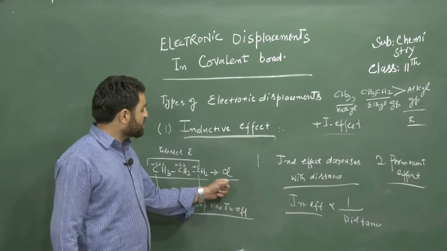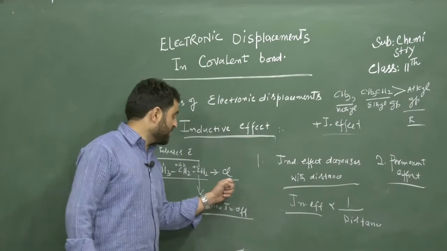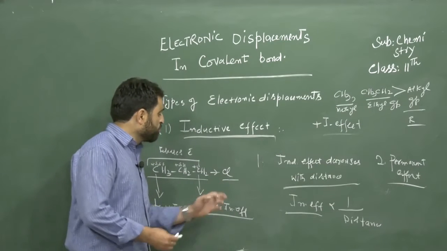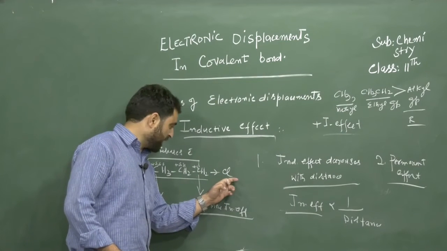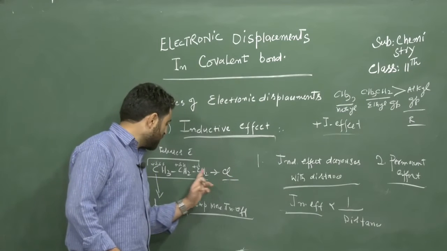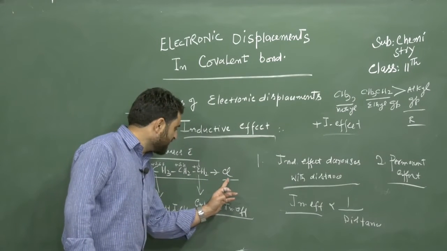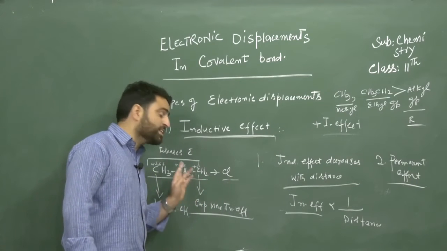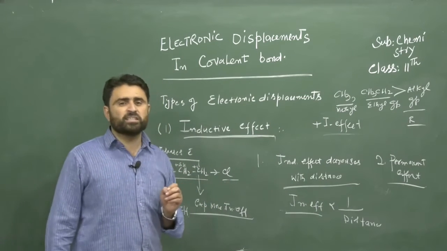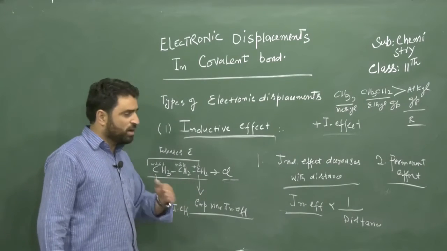As we have already discussed hyperconjugation, at that time I told you that CH3 shows hyperconjugation, or CH3 increases the electron density when it is attached with any group X. Increasing electron density means it has a releasing tendency.